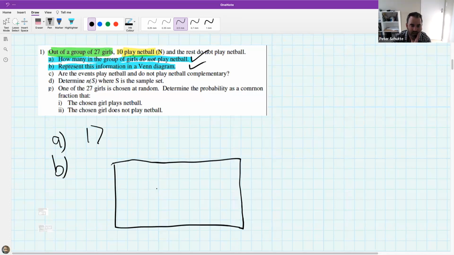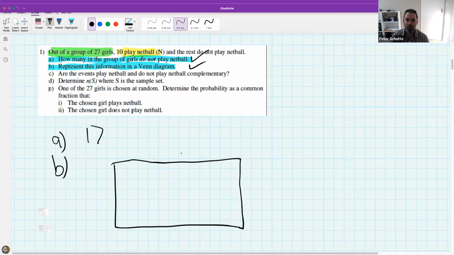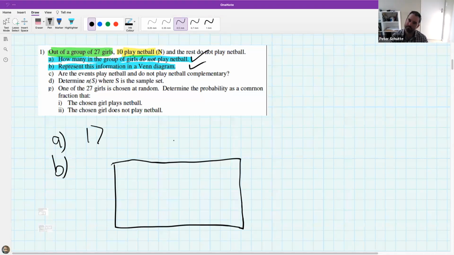Now, here's an interesting thing. Let me know in the chat, say done when you finish drawing your Venn diagram. Now, what I notice is 27 girls, 10 play netball, and the rest do not. Your Venn diagram is not going to have overlapping circles.